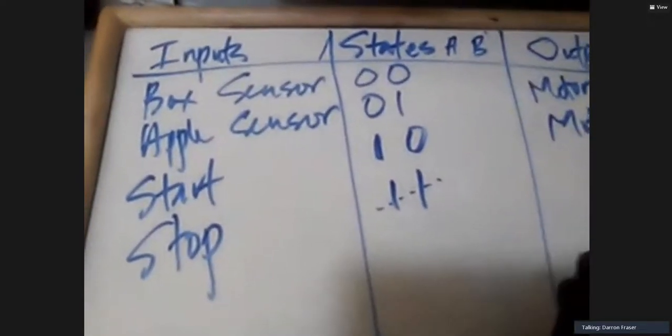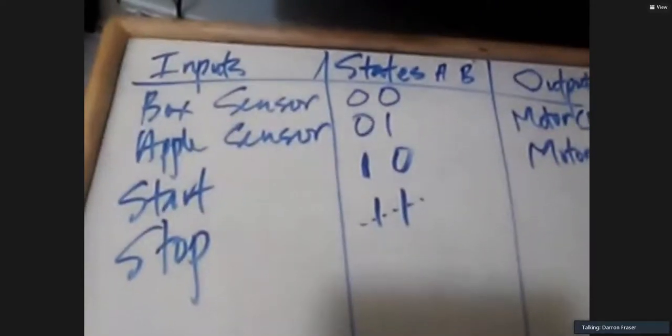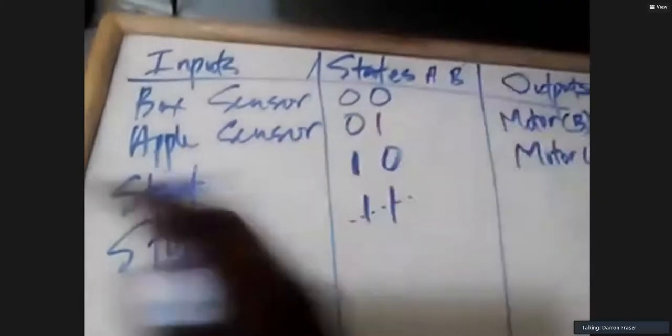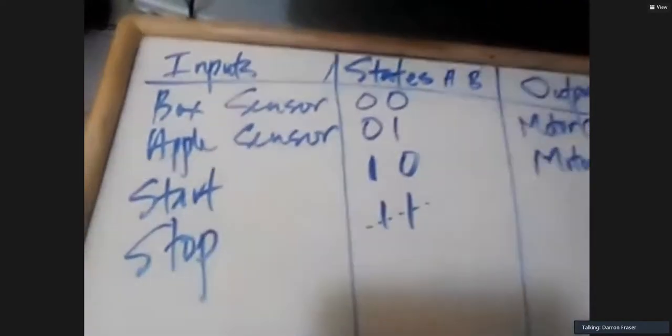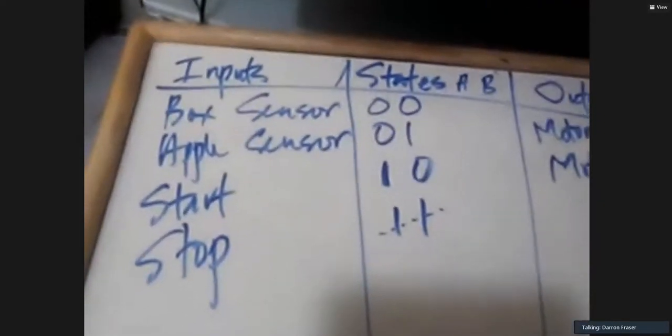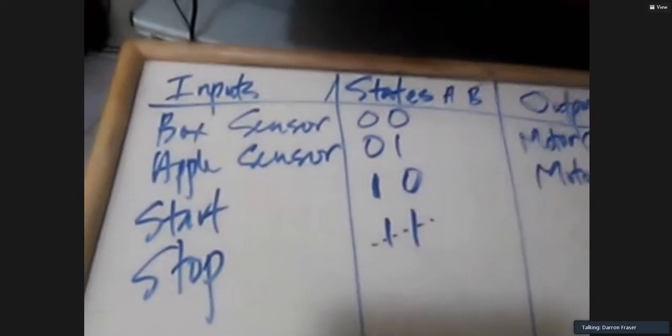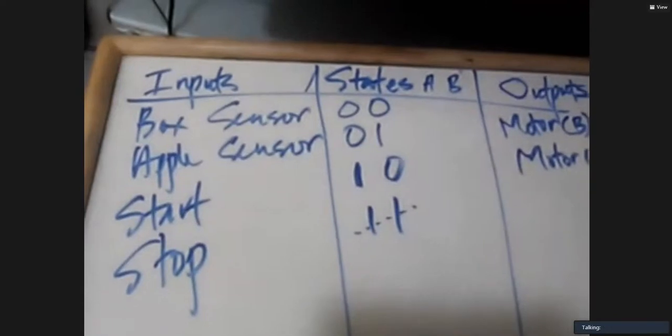Well, we have a start and we have a stop. For the purposes of this exercise, I'm going to cross off the start. You may not understand what I'm saying now, but the start is just an enable to each state.